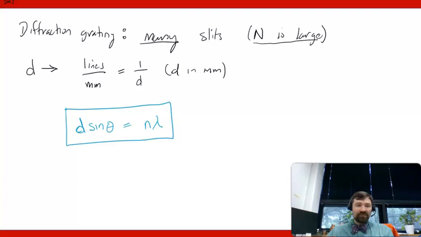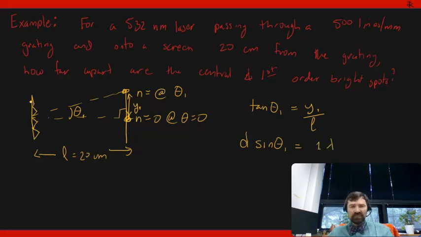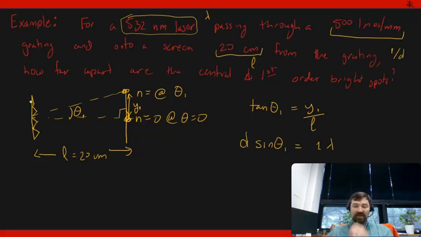And we also know from this equation that d times sine of theta 1 is 1 times lambda. So this right here represents my lambda. This right here represents my L. And this right here is 1 over d, except that this is in millimeters and this is in nanometers. So I would need to convert this over to 5.32 times 10 to the minus 4 millimeters instead of leaving it in nanometers.